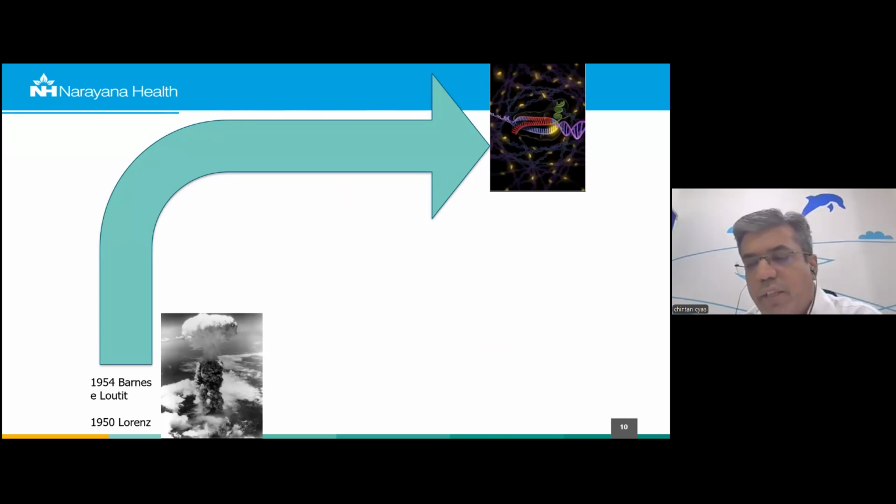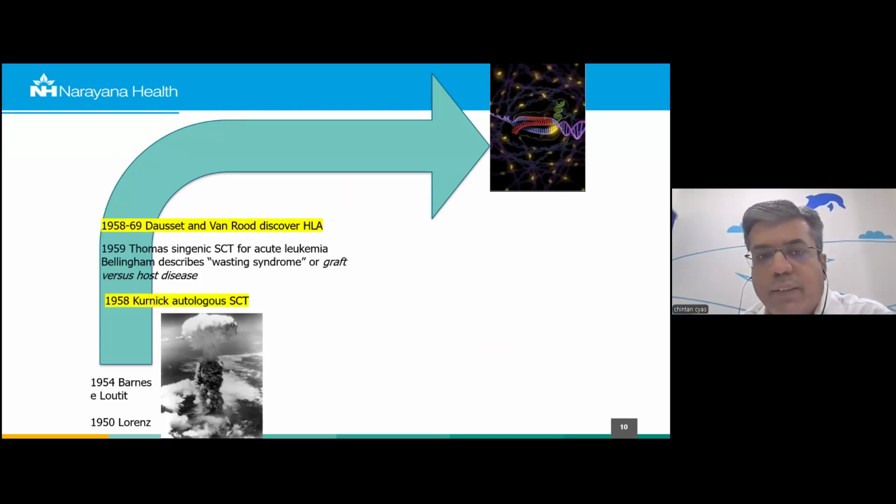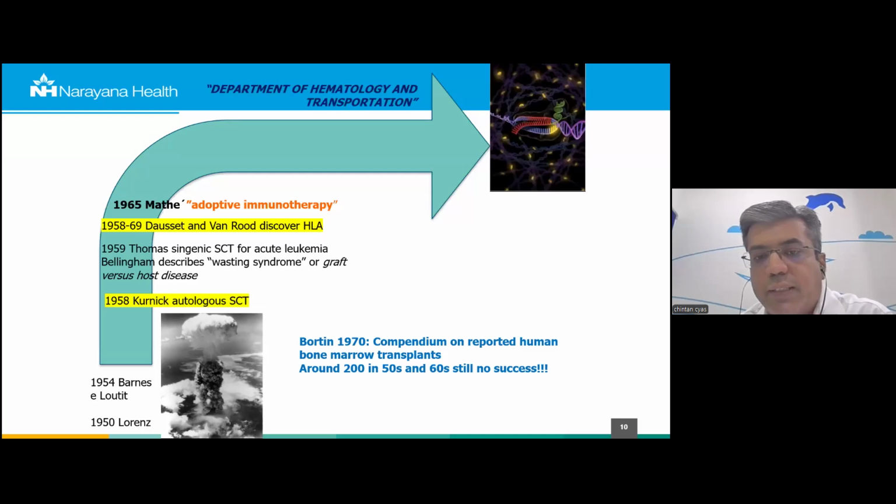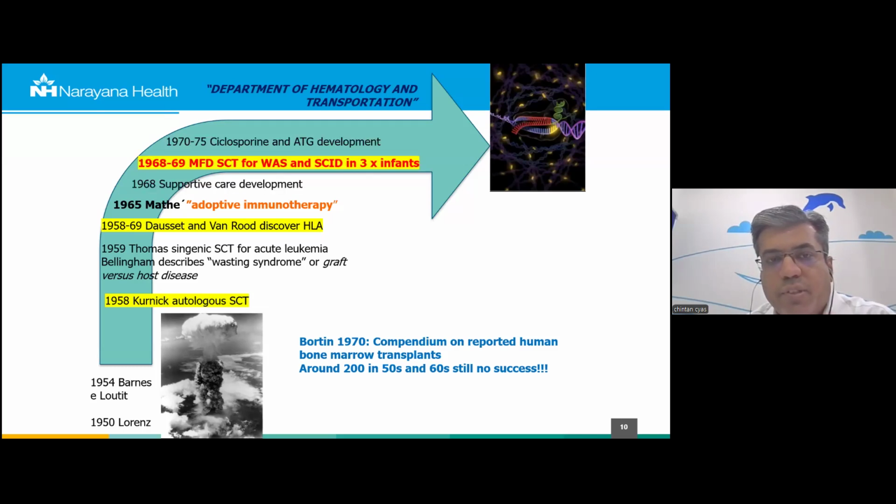So as you are all aware, we have been doing transplant for the last 6 to 7 decades, and the starting of transplant happened from the invention of radiation. After the Second World War, because of the radiation, we understood the role of radiation in killing cancer cells, and subsequently immunosuppressants like cyclosporin and ATG were invented.